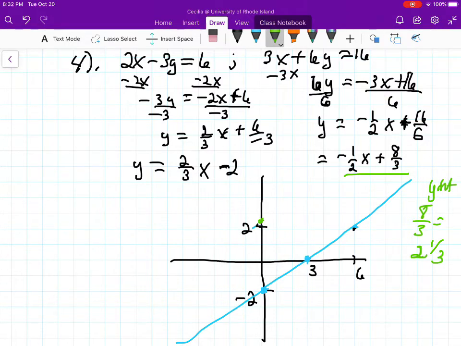Okay. Now, this is just a rough sketch. We don't have to do anything too precise. And we can use the slope by coming down 1 and to the right 2. So coming down 1 from 2 1/3 is going to put us at 1 1/3. And then we can go over to the right 2. So -1 over 2. And we're just kind of estimate about where we think that this next point is.